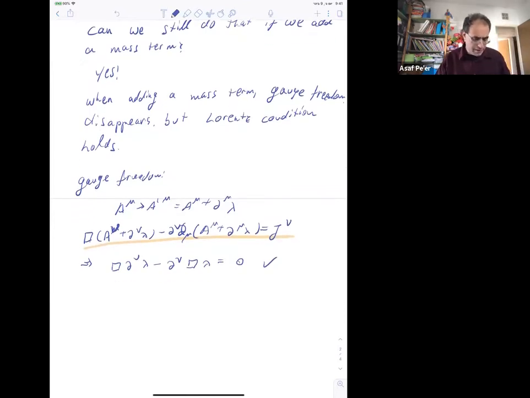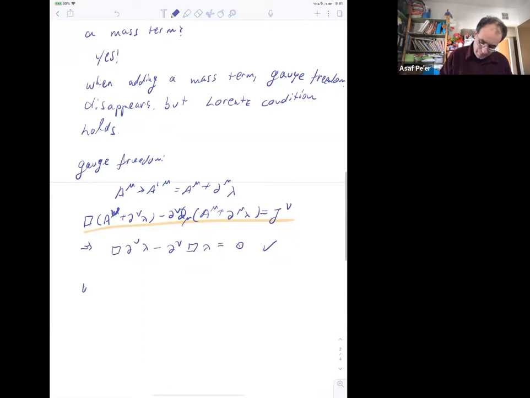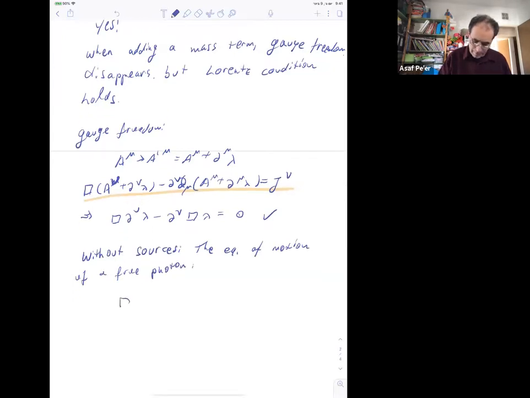So if there are no sources, the equation of motion of a free photon is just the D'Alembertian of A^nu minus d^nu d_mu A^mu is equal to 0.